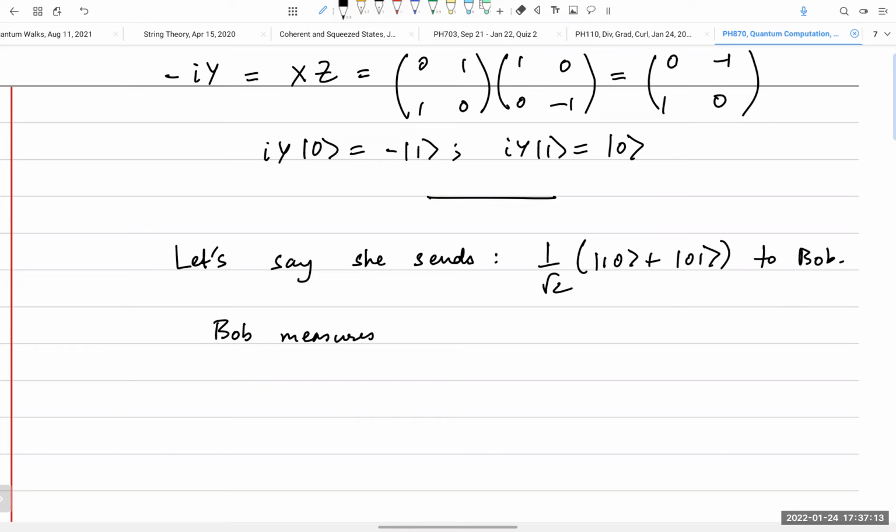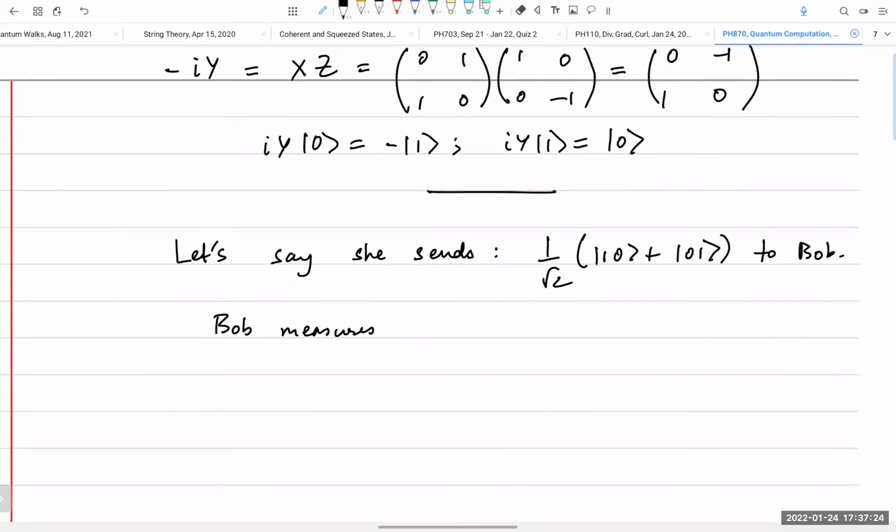Now, Bob can make a measurement of the 2 qubits that he has received. Bob measures both qubits.